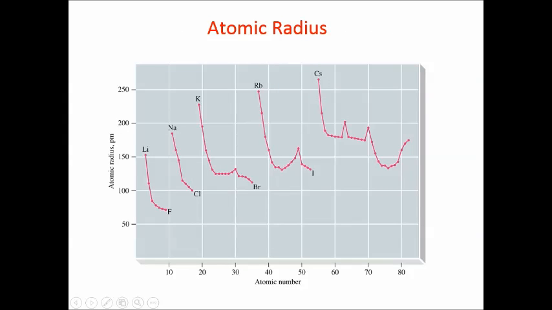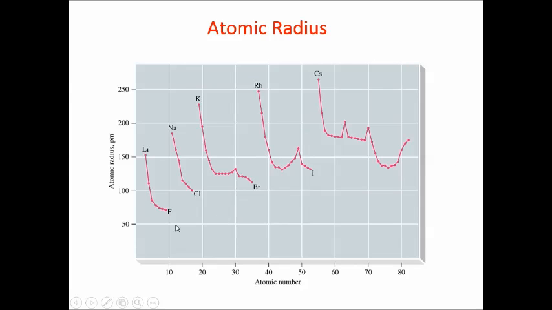Now here is a graph which is plotted against the atomic number and the atomic radius. Here, the graph is plotted along the period. The second period, third period, fourth period, fifth and sixth period are mentioned here. Like lithium to fluorine, sodium to chlorine, potassium to bromine, rubidium to iodine, cesium to the last element. So this is along the period.